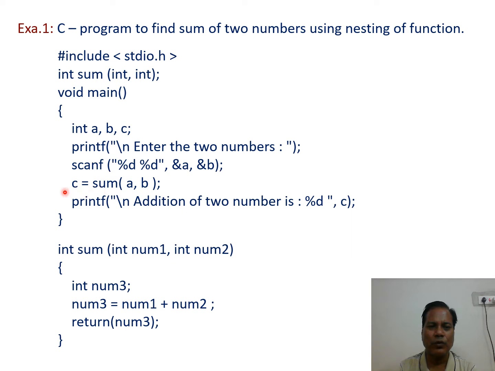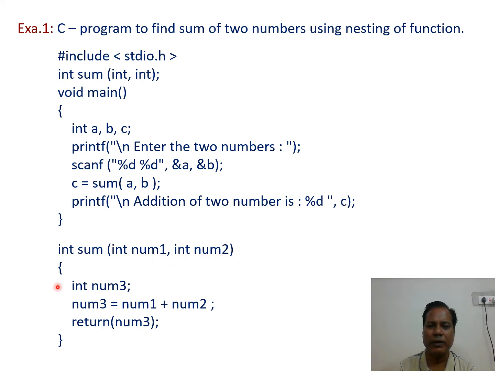Then control goes to the integer function sum, and this sum function has two integer arguments, num1 and num2. So the passed values are stored in the variables num1 and num2.